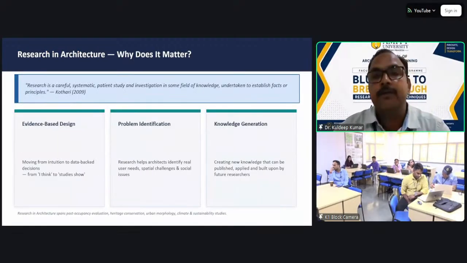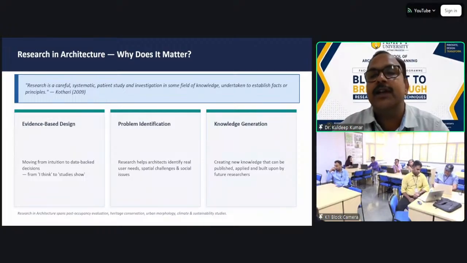So let's talk in brief about what research means in architecture. Most of us must have conducted research, and one of the most common problems in architecture research is that there is a disconnect between doing and knowing. Research methodology is often treated as paperwork rather than a process that shapes your entire inquiry.